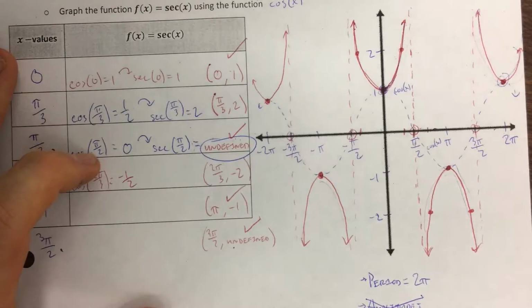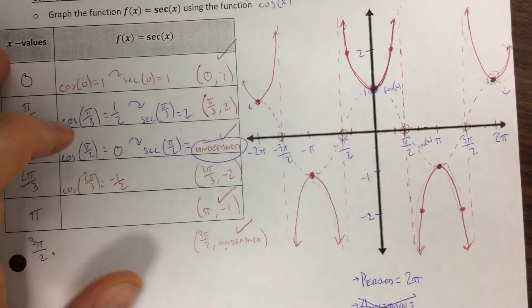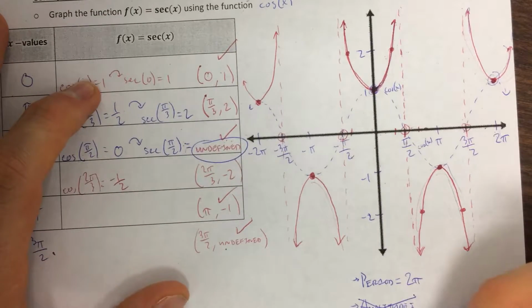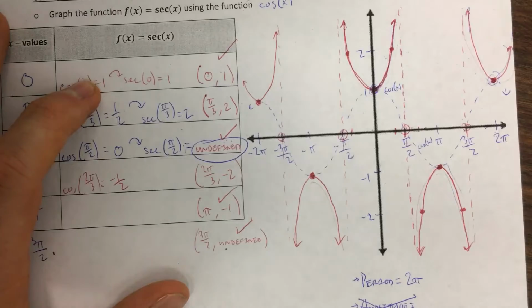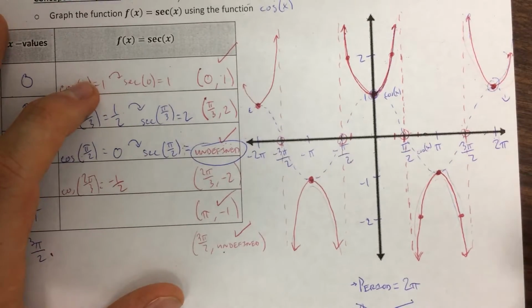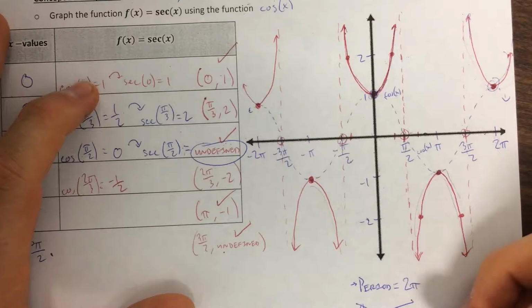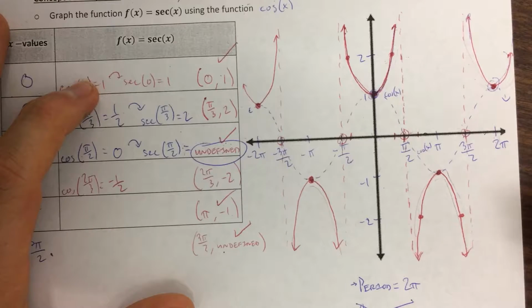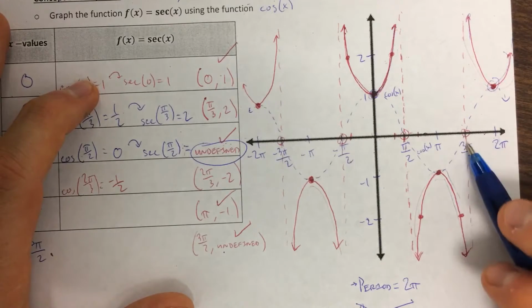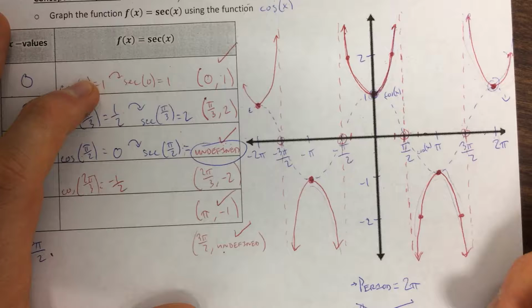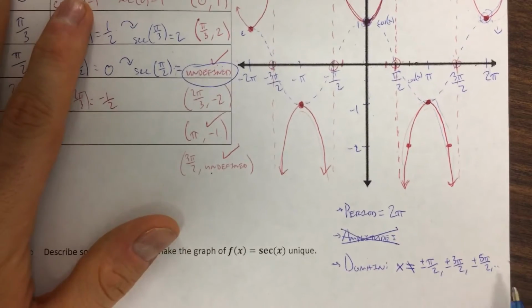So what we say here, instead of writing negative infinity to infinity, is x cannot equal. We're going to take a negative approach. We're going to say, hey, x can be whatever we want, but it cannot be these things. And what we say is positive pi over 2, but also negative pi over 2. So plus and minus pi over 2, positive and negative 3 pi over 2, positive and negative 5 pi over 2.